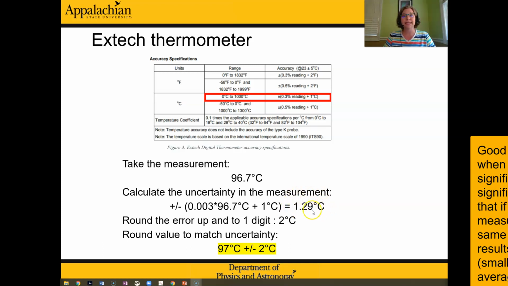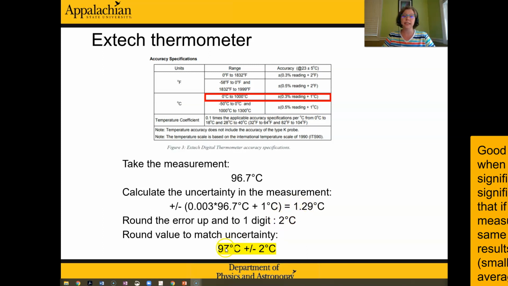If I round it down to 1 degree Celsius, then I'm estimating my error to be actually lower than it is. So I always need to round up to the next significant figure. Rounding up to one digit makes that 2 degrees Celsius.